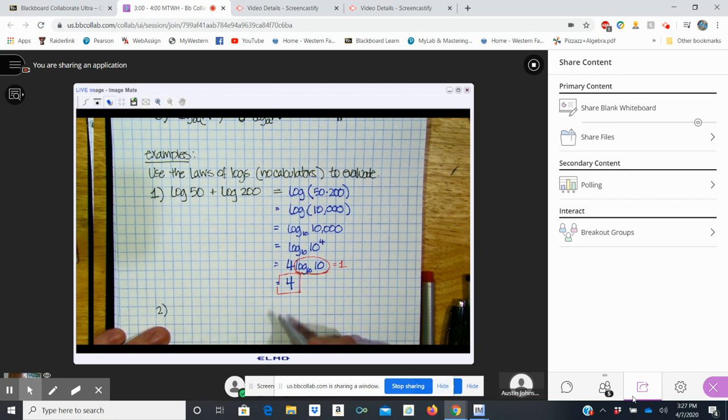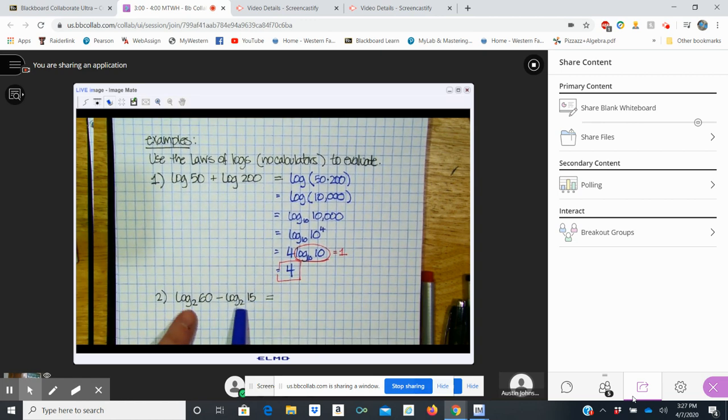Okay, let's try another one. Log base 2 of 60 minus log base 2 of 15. Are the log bases the same? If they're not the same, these laws won't work.